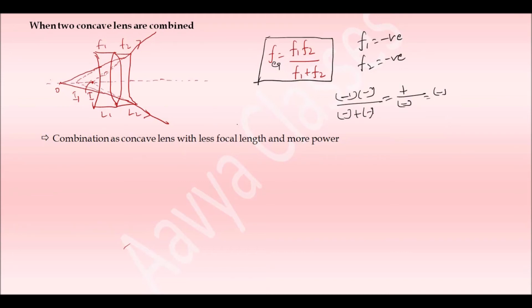So if you see the focal length, I have already discussed that in this case F equivalent must be less than F1 or F2, and the maximum value of F equivalent is F1 by 2 or F2 by 2 when F1 is equal to F2.